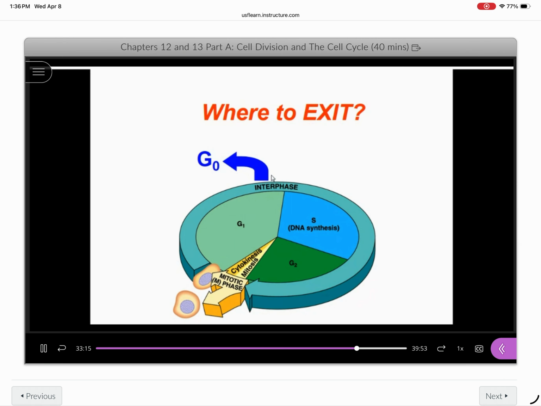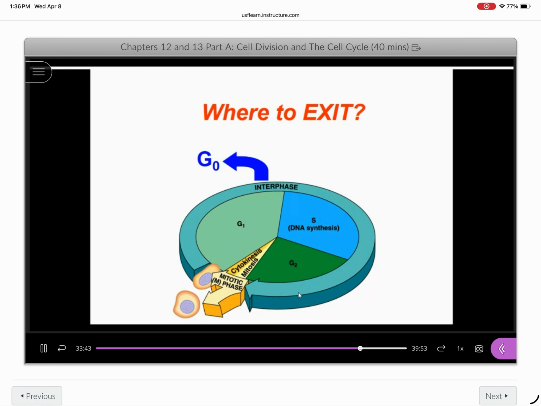The only reason to go on to S phase is if you're going to go on to M. The only reason you replicate your DNA is if you need copies because you're going to divide the cell. Don't do S phase unless you're going to do M phase.